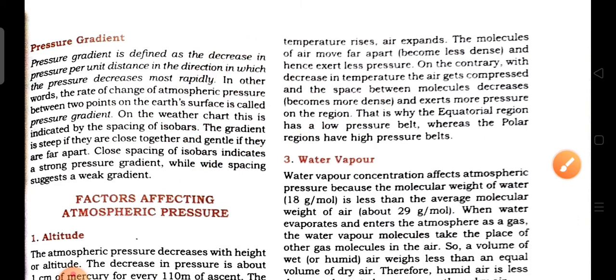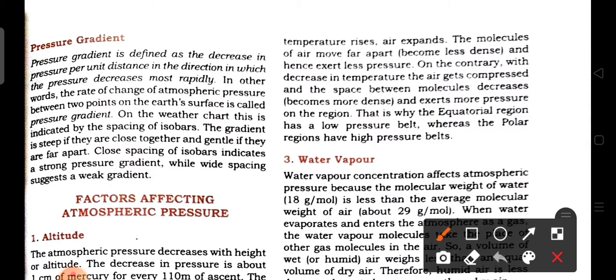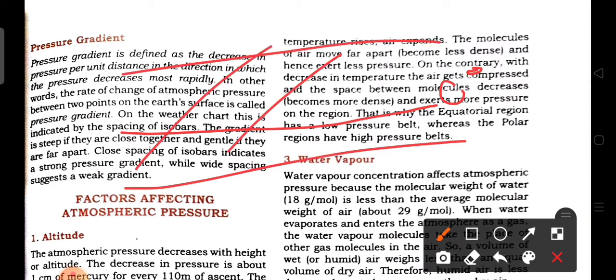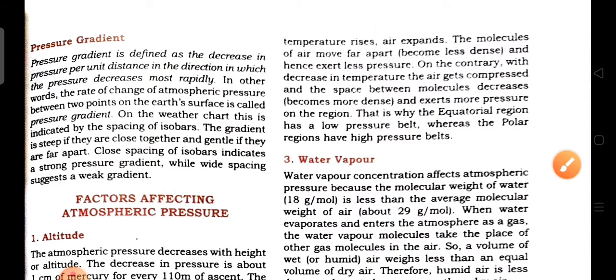That is why the equatorial region, which means near 0 degree latitude, has a low pressure belt, whereas the polar region has a high pressure belt.